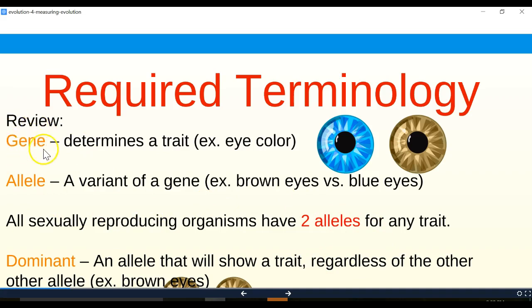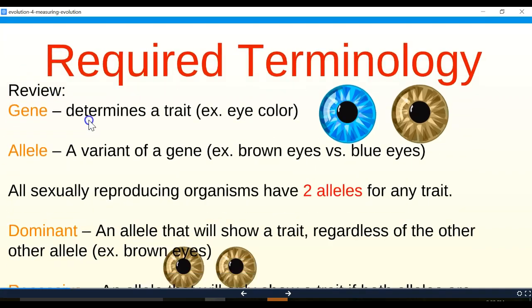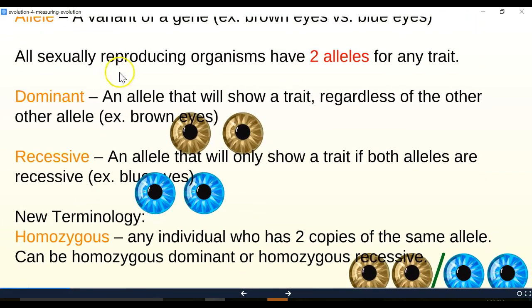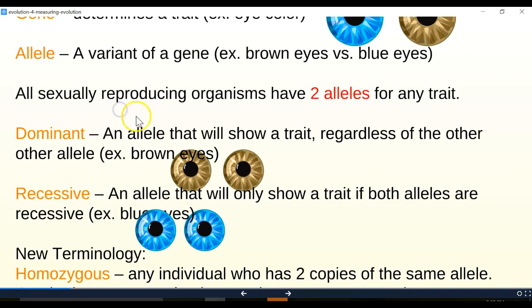Now, it's important to note that a gene is located on a chromosome, or multiple genes would be located on multiple chromosomes sometimes. So all sexually reproducing organisms have 2 alleles for any trait. You have varieties include a dominant allele.